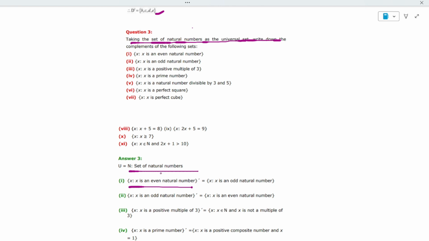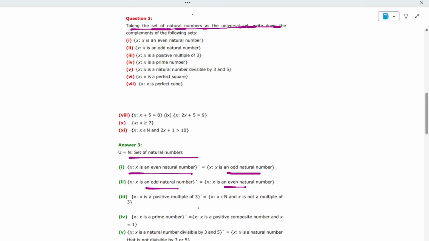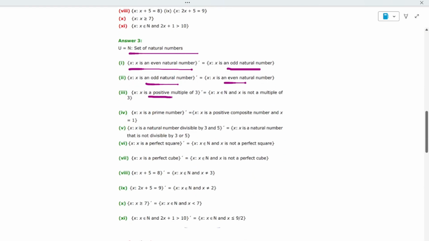If you remove 2, 4, 6, 8 and all, 1, 3, 5, 7, 9, that is, odd numbers will be remaining. If you remove odd numbers, it is even numbers. The same way, if you remove positive multiples of 3, that is 3, 6, 9, what will be remaining is not multiples of 3, that is 1, 2, 4, 5 and all will be remaining.